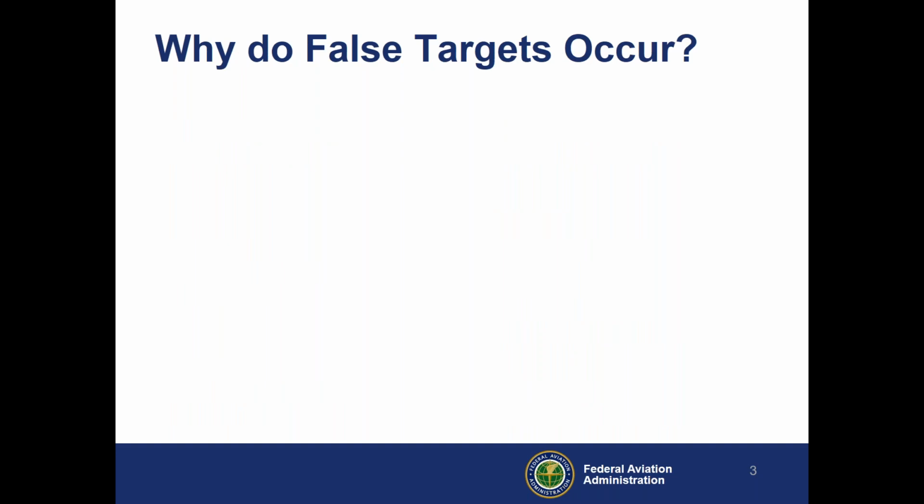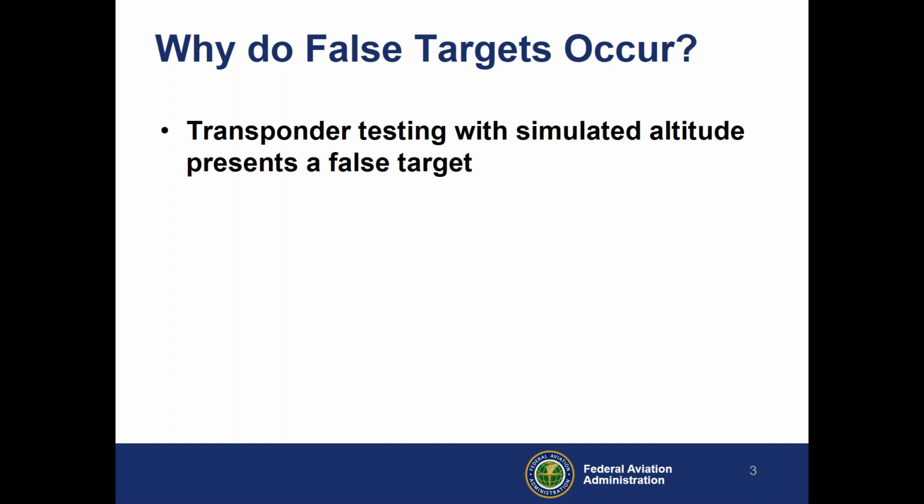First question is, why do false targets occur? When we conduct transponder testing and we simulate altitude, this sometimes presents a false target in the national airspace.